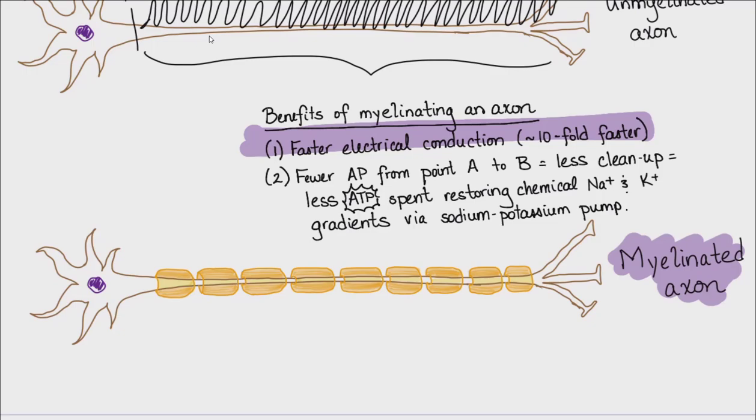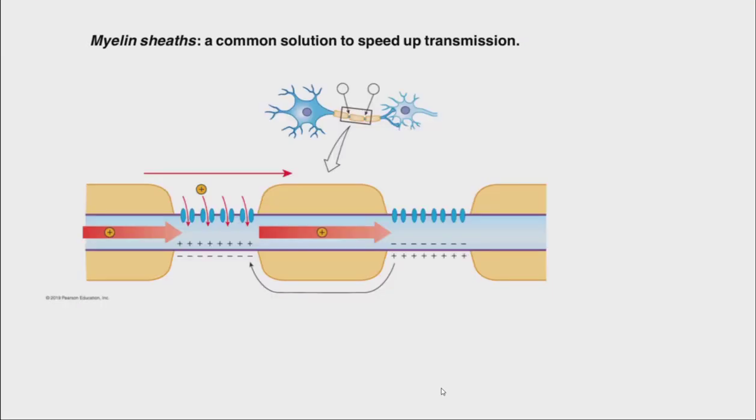So I've already said that fewer action potentials occur in a myelinated axon and that they only occur at the nodes of Ranvier. Now we're going to take a look at why this is the case. In order for an action potential to occur, we need to first open a voltage-sensitive sodium gate and allow sodium to move from the extracellular fluid into the cell.